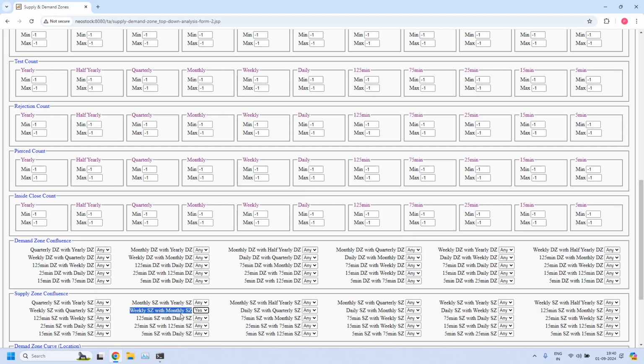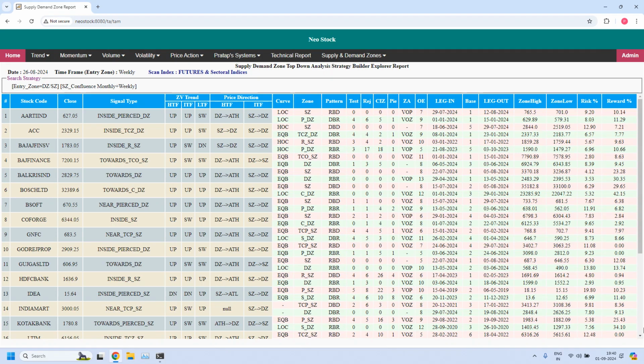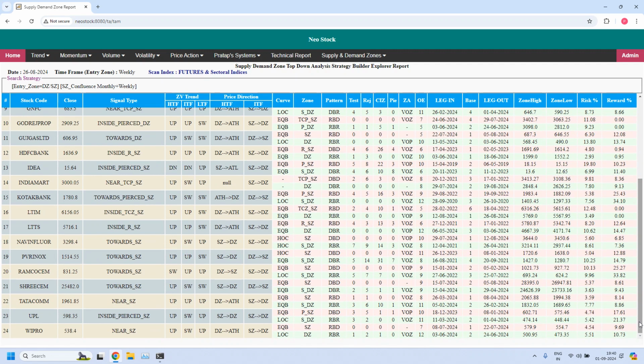But the same zone you can use as HTF, weekly zone as HTF or ITF, and you can further fine-tune to the daily level or 75 minutes level. So all these weekly zones are having confluence with the monthly zone. Let me scroll the list down. So a total of 24 stocks are filtered.